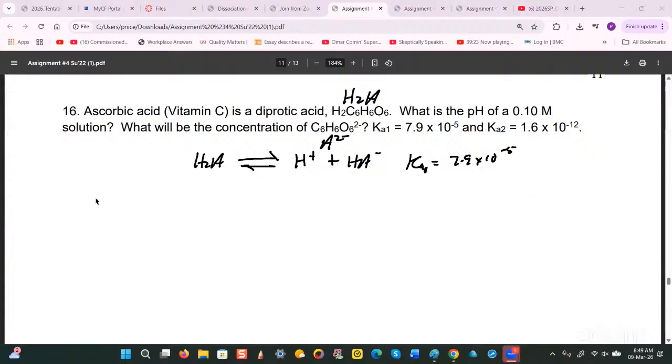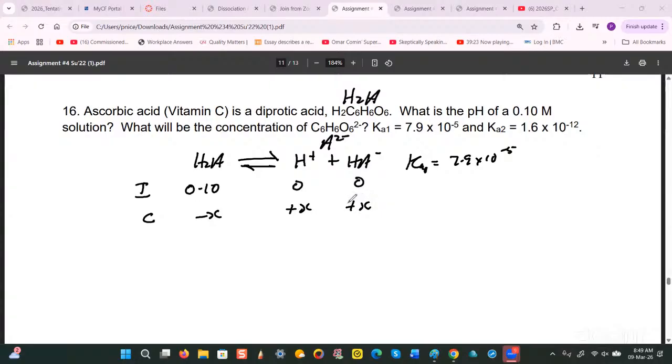So in this case here, we're going to start off with initially the concentration of the original acid being 0.10. This would be 0 and this would be 0. The change here would be minus X, plus X, plus X respectively.